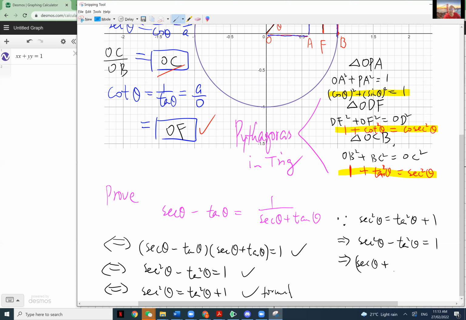Also, we have secant minus tan just equals 1 over... Finish the proof.